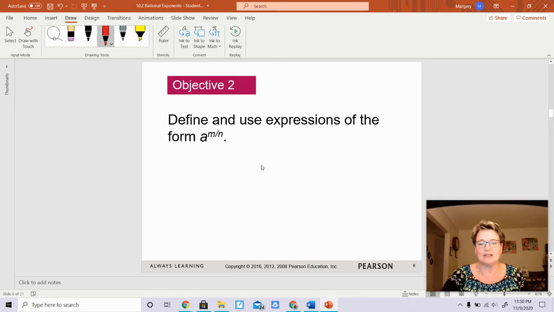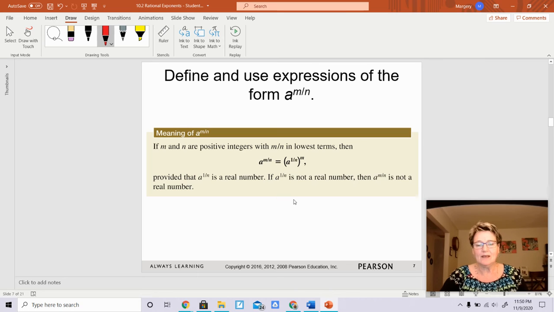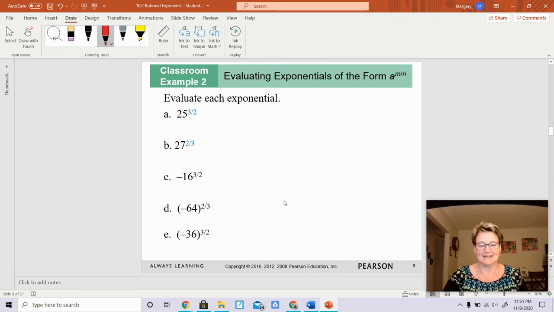Define the use expressions of a to the mn power. So this is kind of like, again, you have a power raised to a power, you multiply the exponents, all right? And here we go. All right, so on this one here, you have 2 options.